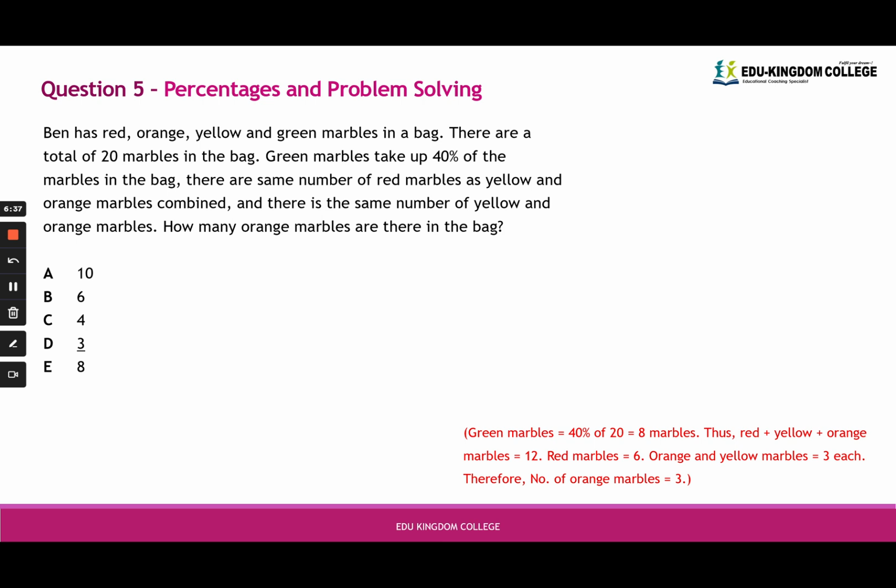Okay, so we know that there are 20 marbles in the bag, right? So that means green marbles. Okay, so we write green. Green just takes up 40%, right? So we just do 40% times 20, and that will give us 8. Okay, and so that means the amount of marbles red plus yellow plus orange, right, is just going to be 12, okay?